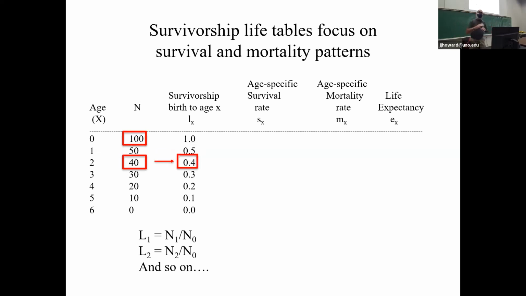Well, L2 is the probability that a newborn will survive to the age of 2. So it's simply the number that are alive at 2 divided by the number of newborns. There's 40 individuals alive at age 2 and 100 newborns. So L2 is 0.4. I want you to notice something else about this life table. The numbers are easy.